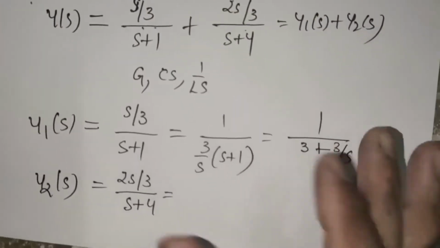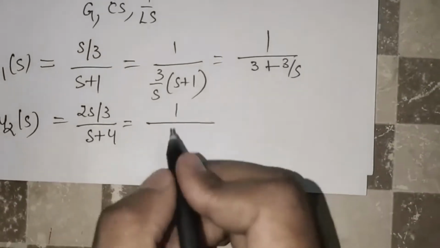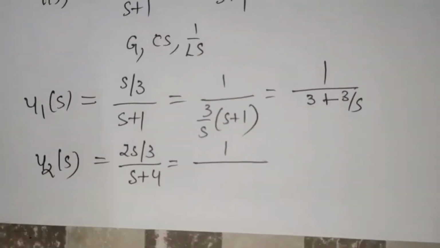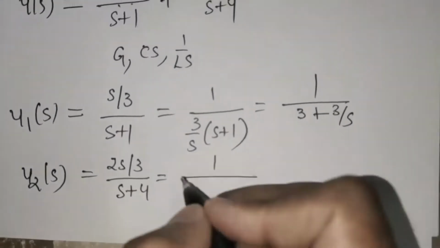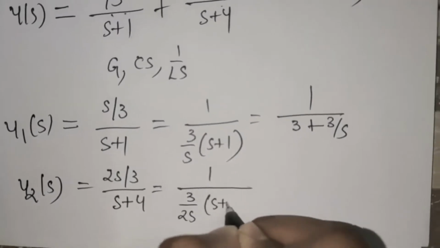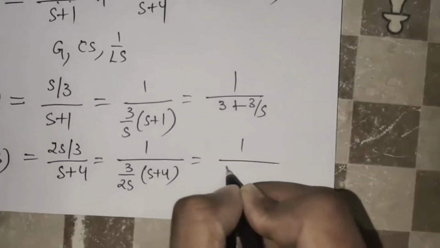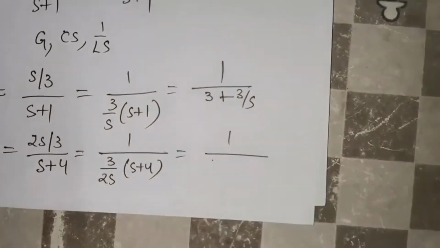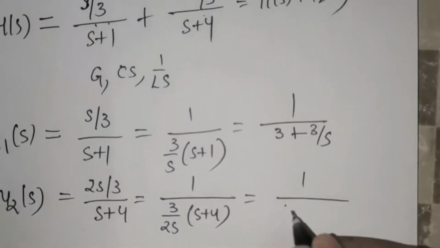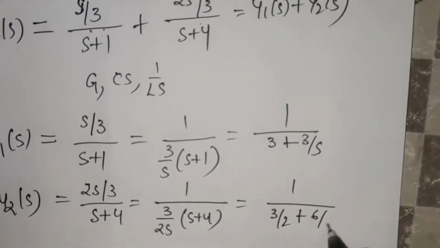So similarly Y2 of s is nothing but 2s by 3 by s plus 4. So by making the numerator as 1, this becomes 1 divided by 3 by 2s into s plus 4. So this is 1 by 3 by 2 plus 6 by s.